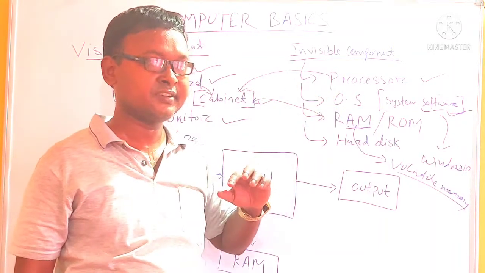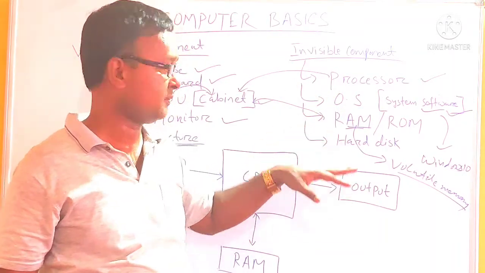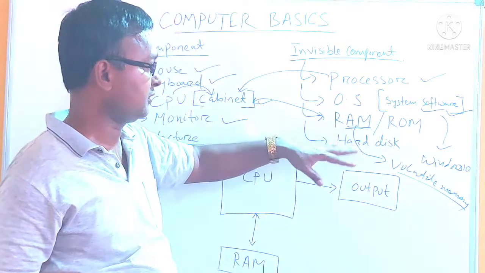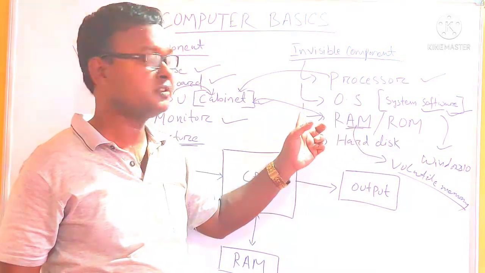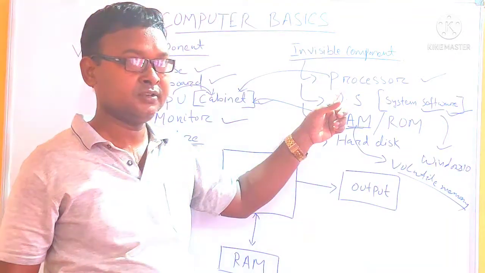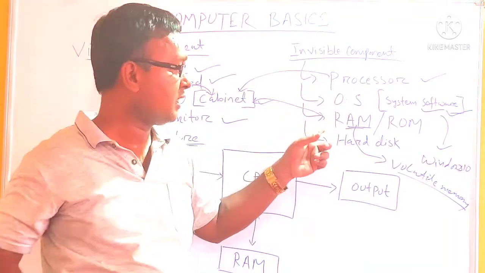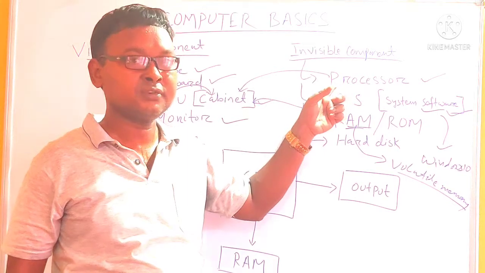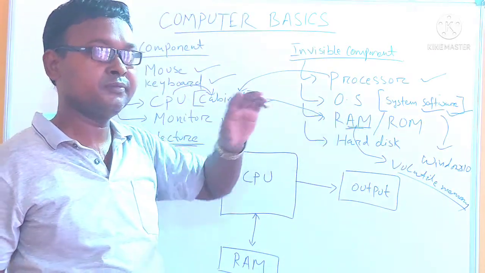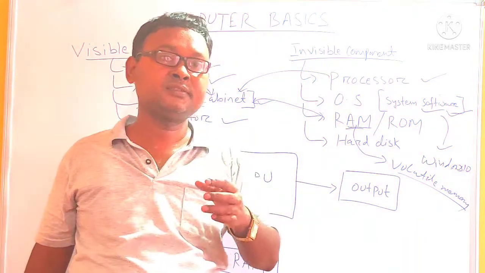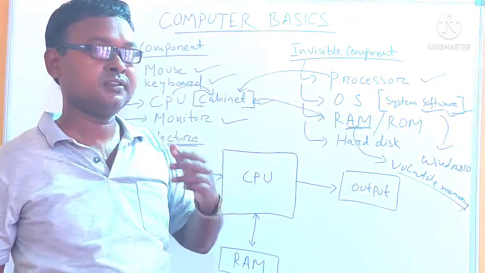Okay, I'll show you the architecture subsequently. The speed of the RAM is almost similar to the processor speed. So it has good speed also. If you are purchasing 6 GB RAM or 8 GB RAM, the speed will be more.